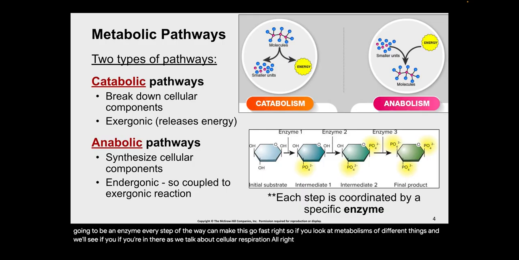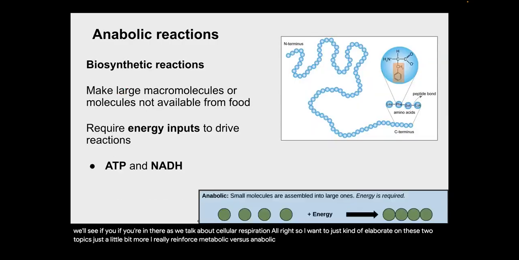All right, so I want to just kind of elaborate on these two topics just a little bit more. I really want to reinforce catabolic versus anabolic. So if we look at anabolic reactions, right, we are making a larger molecule. So we might not get the molecule that we need from food, right?